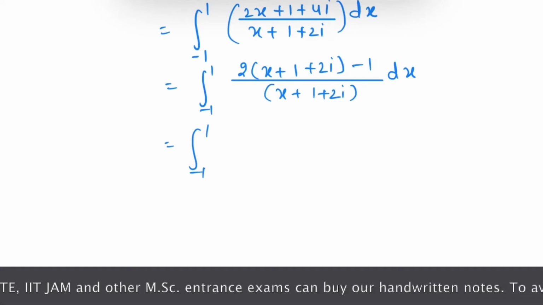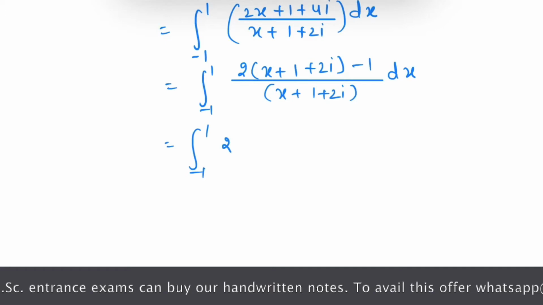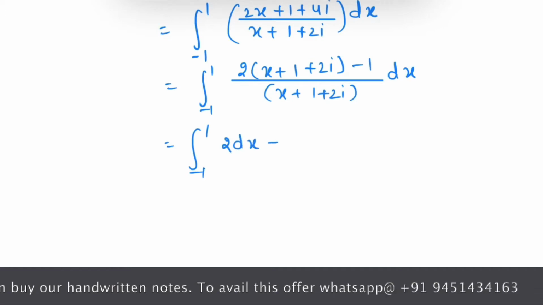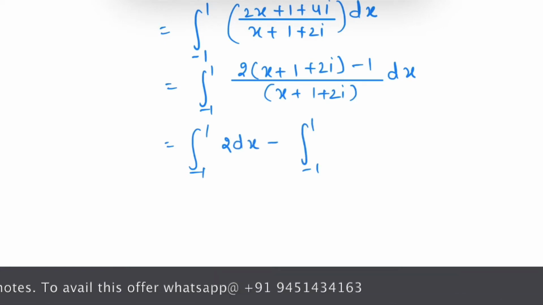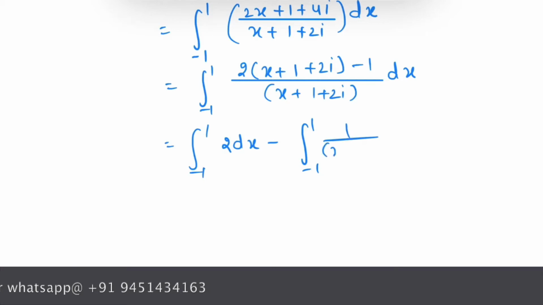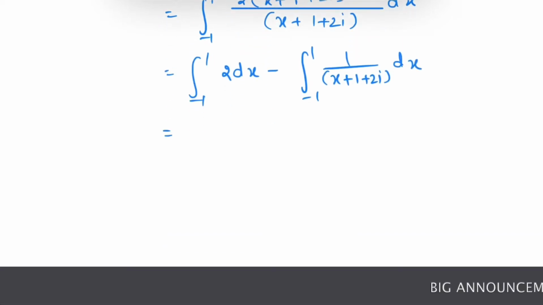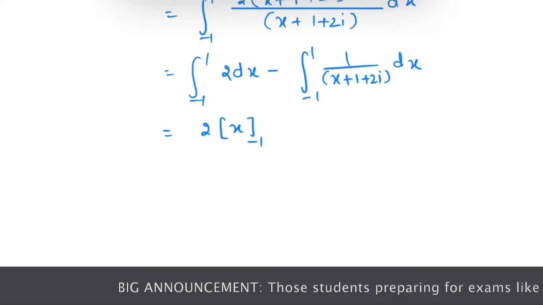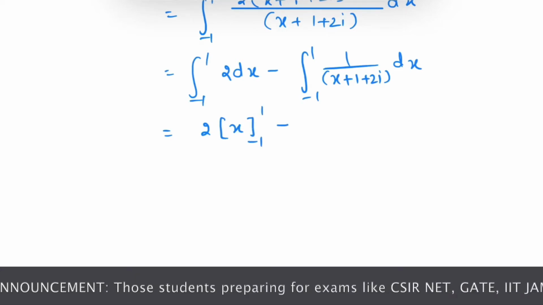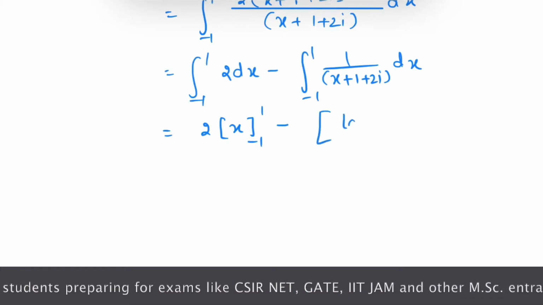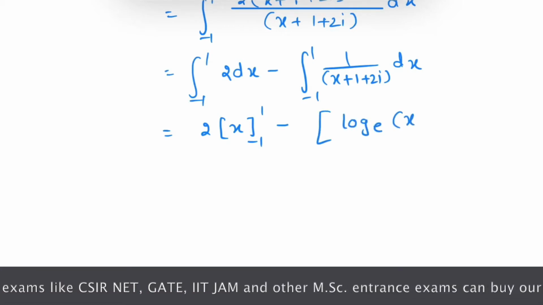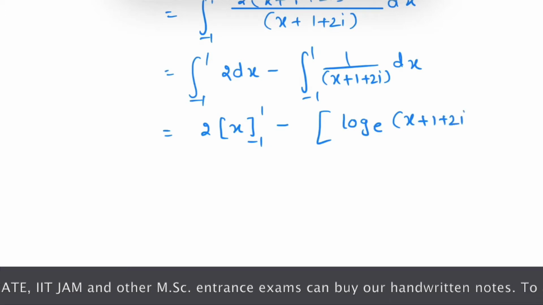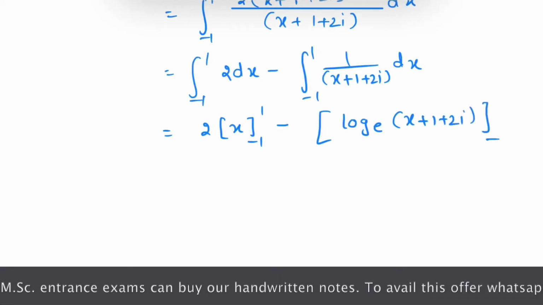We'll have the integral of 2 dx minus the integral from minus 1 to 1 of 1 over (x plus 1 plus 2 iota) dx. Its integration will be 2x, with lower limit minus 1 and upper limit 1, minus log of (x plus 1 plus 2 iota), with limits from minus 1 to 1.